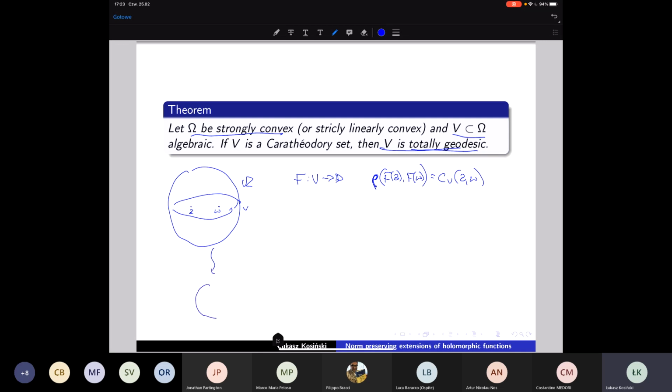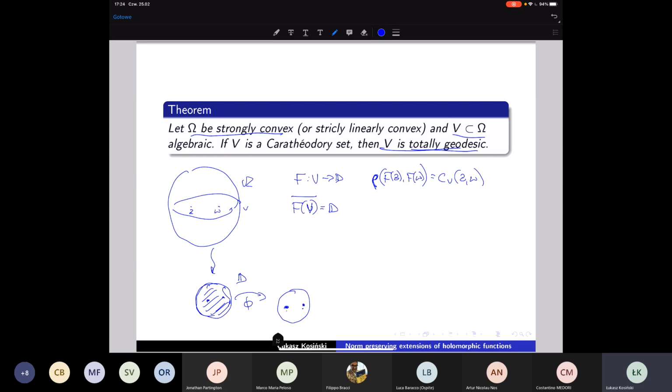Now f maps V to D. So here we have a disk. And the idea is that this set, f of V, must be big in the unit disk. This is because if it were not the case, if f of V were a smaller part of this, then we would be able to find a conformal mapping that sends this domain to D, for which the distance between these two points is bigger than the distance between these points, the Poincaré distance.